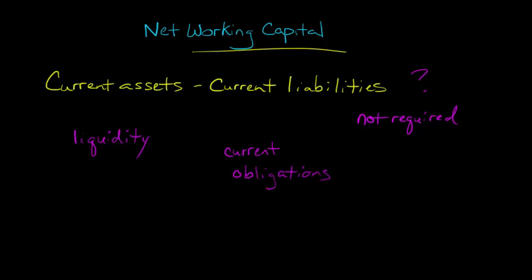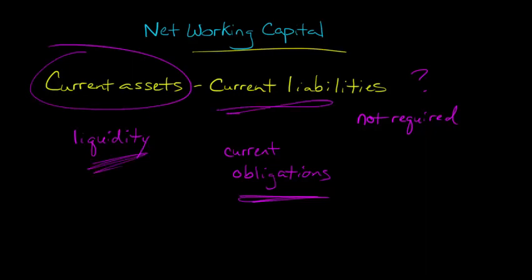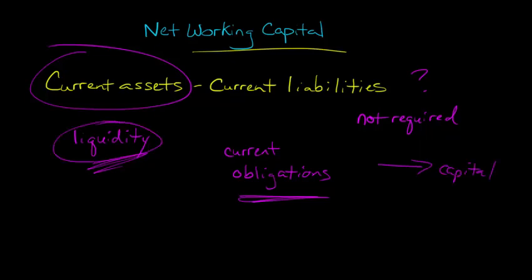The current liabilities are a gauge of these obligations, and we're saying, okay, with the current assets, with cash, with inventory, with accounts receivable, how liquid is this firm? Are they going to be able to meet these obligations that are going to come due in the very near future, or are they going to have to raise some kind of outside capital to do that? So that's what I mean when I say it gives us a measure of liquidity.